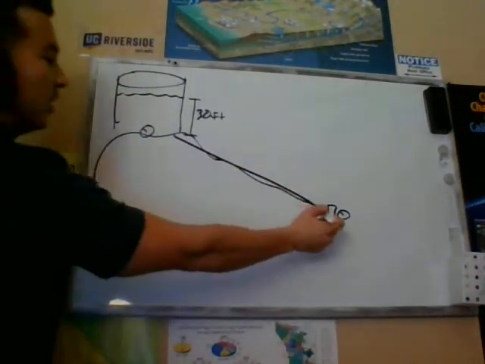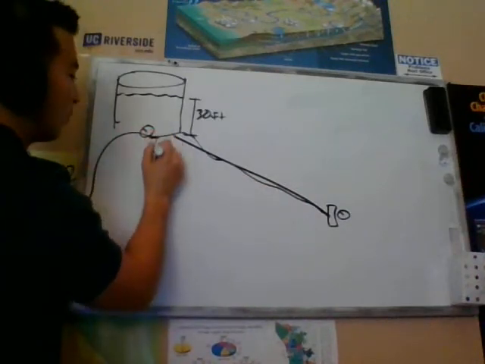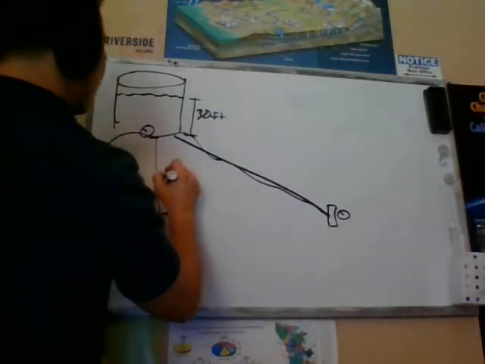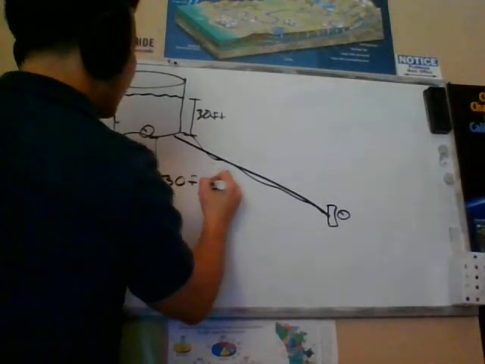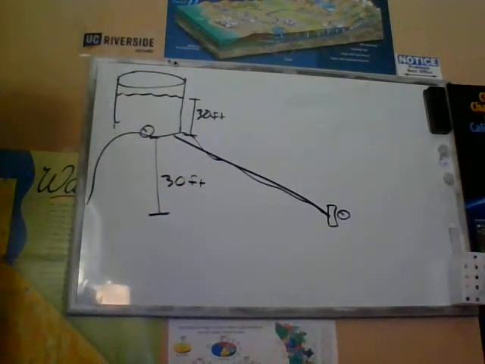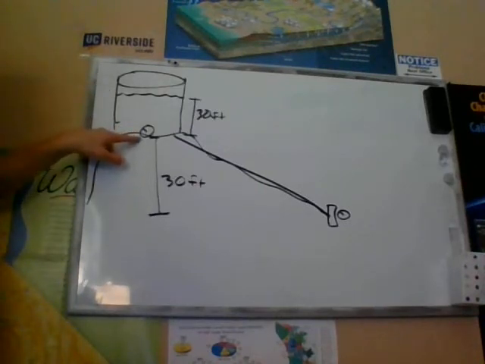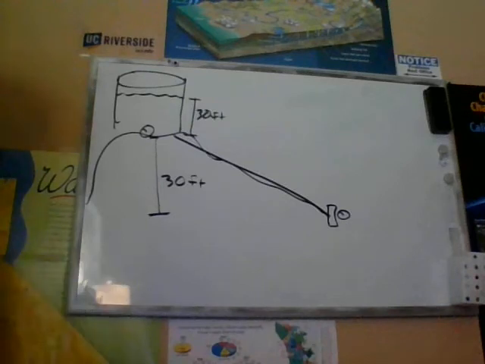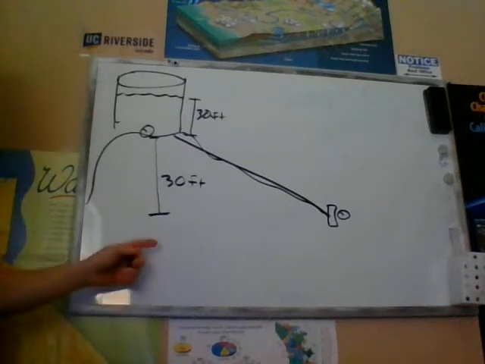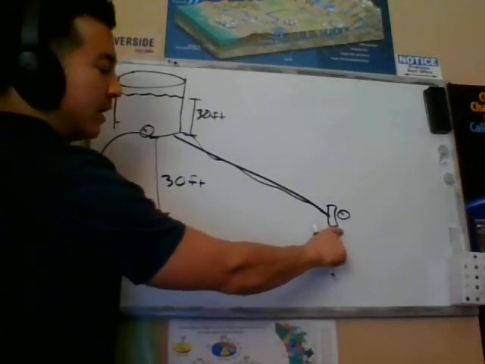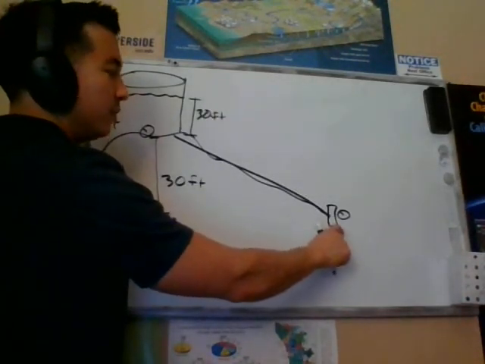Let's just say that we are looking at a 30-foot difference in elevation from the bottom of the reservoir to the fire hydrant location. So given the information here, what pressure am I going to measure at this fire hydrant in PSI?